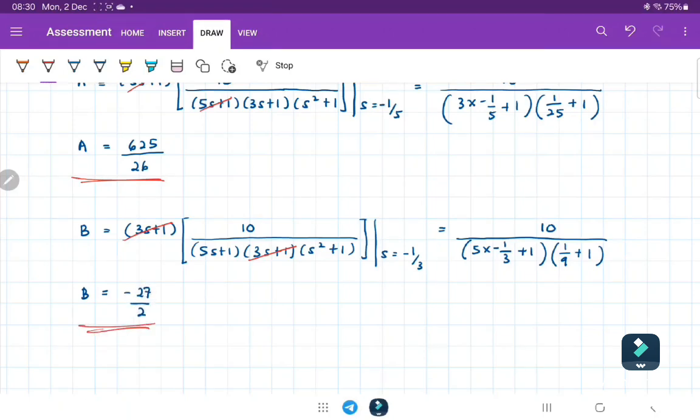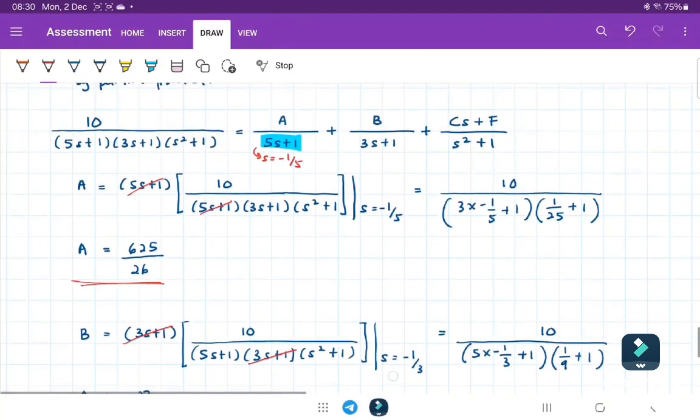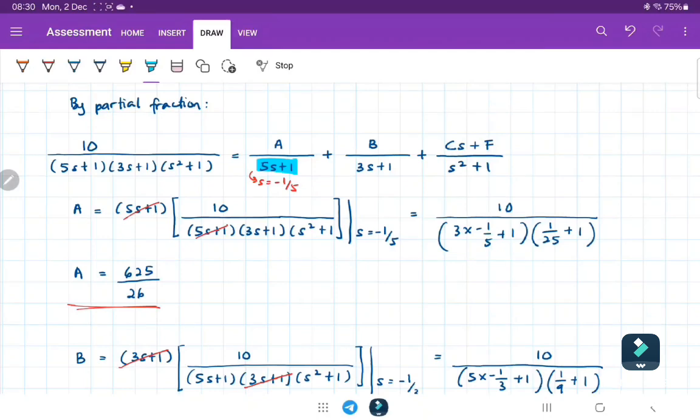For A and B, because they have real and distinct roots, you can solve it this way. But for Cs plus F, we cannot solve it like that. What we need to do is a cross multiplication. So we are going to cross multiply this equation here.